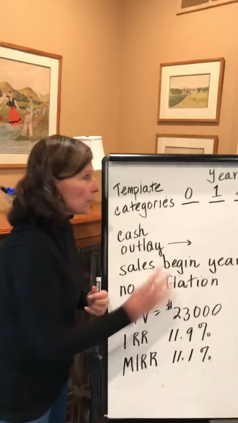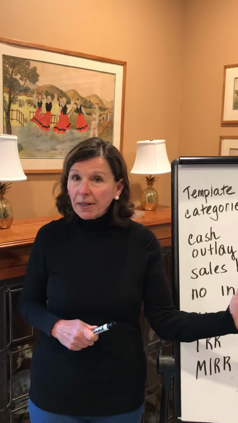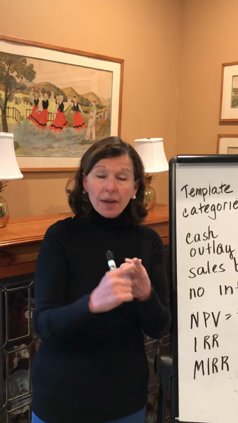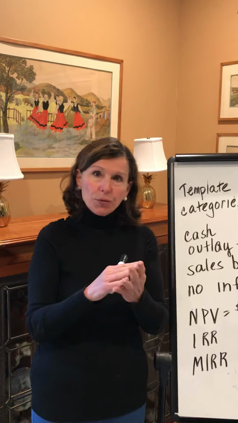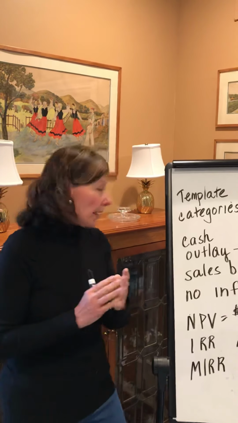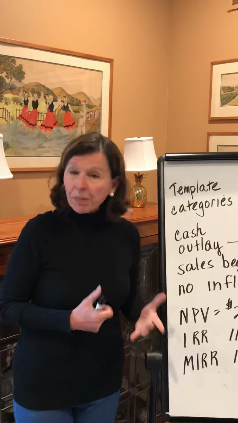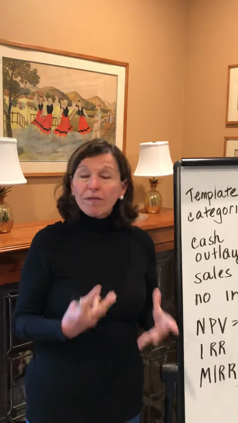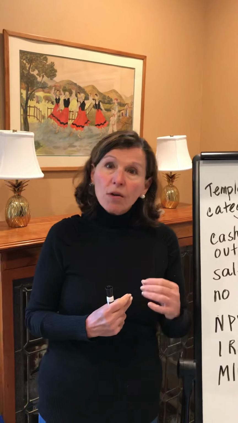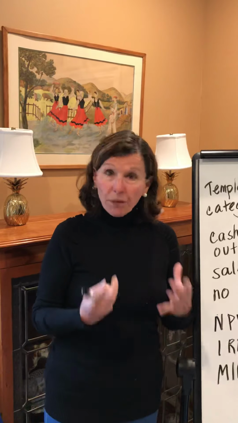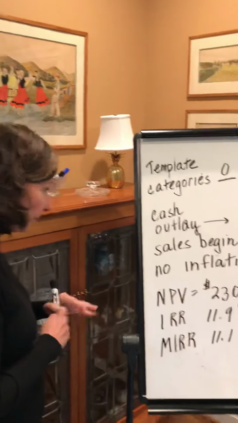And you're going to use those 5 amounts just like you would have in the mini case. You're going to have a negative amount for year 0, and positive amounts for years 1 through 4. And then you will apply your present value, and I would use the Excel function to come up with the net present value for this project. The right number is $23,000.